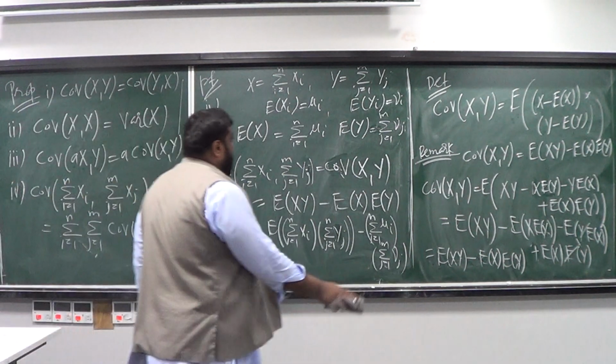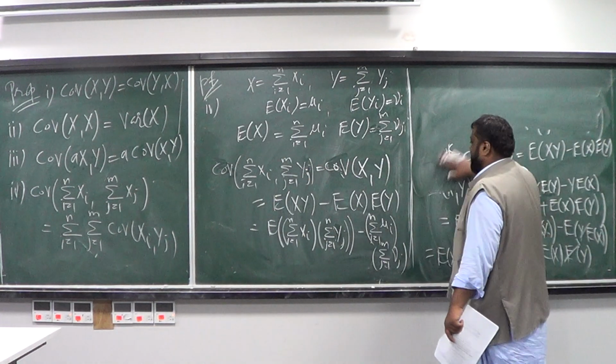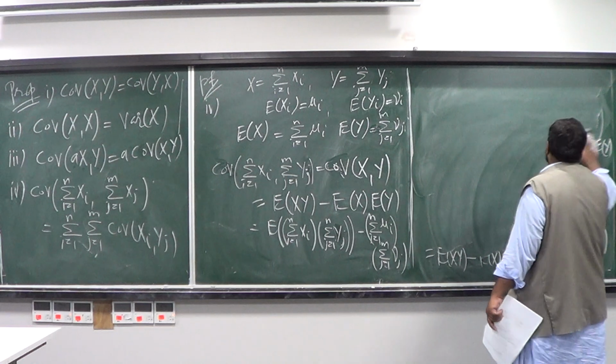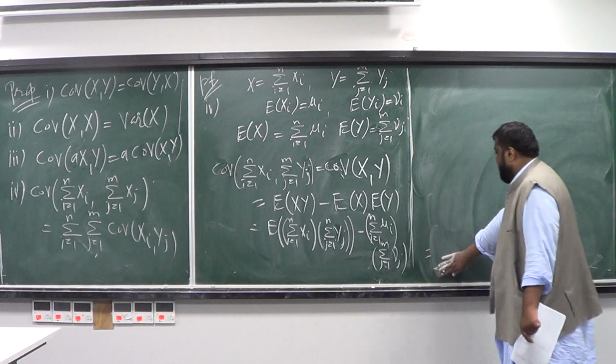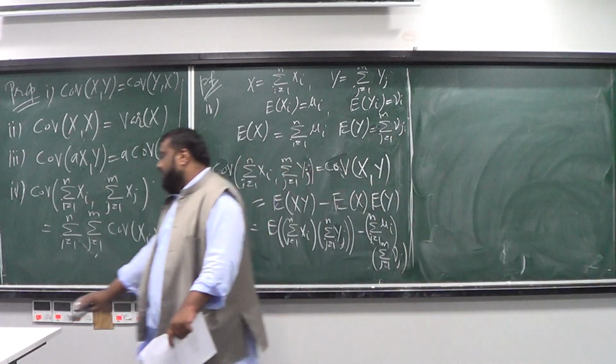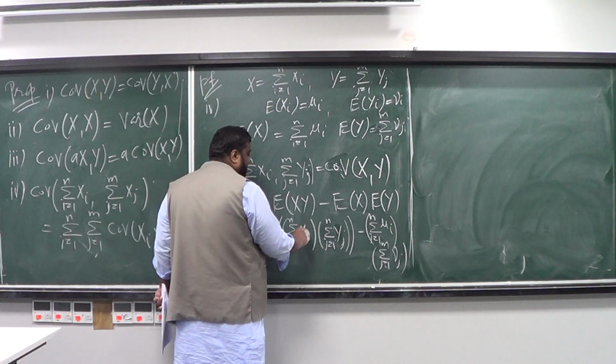Now, it's not difficult to see why you're going to have a double sum. If you treat this first quantity, this sum, it is like a number.